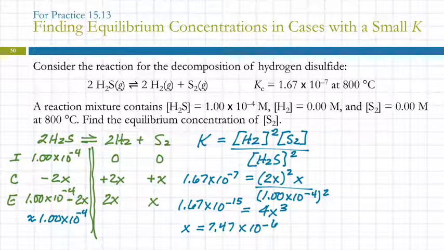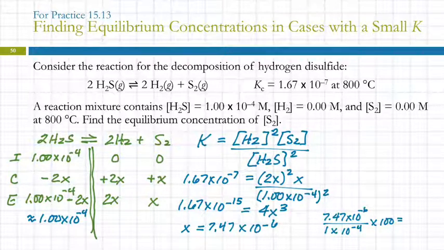Okay, so is that small compared to 1 times 10 to the minus 4? We think it probably is, but we should check. 7.47 times 10 to the minus 6 divided by 1 times 10 to the minus 4, times 100.